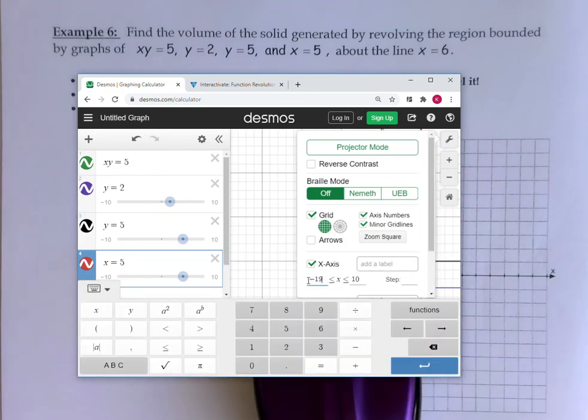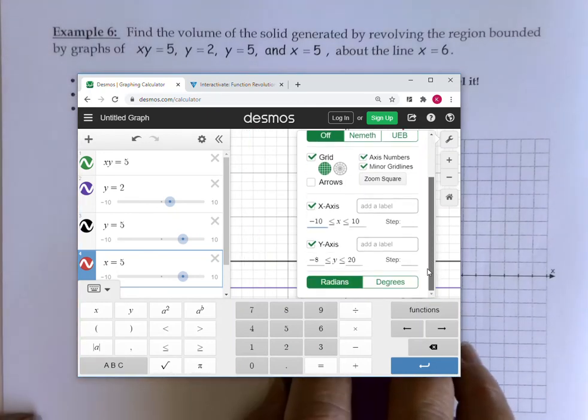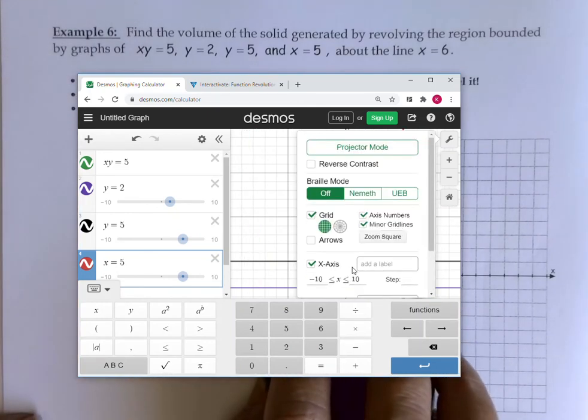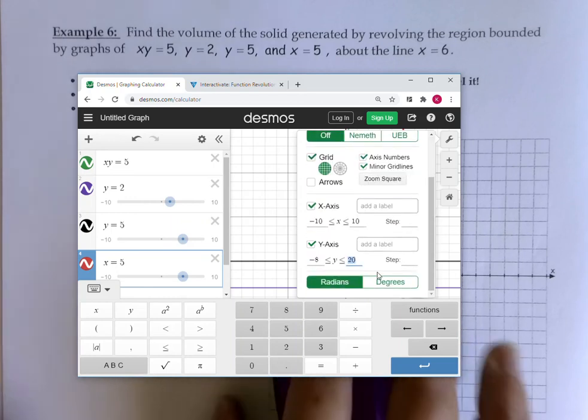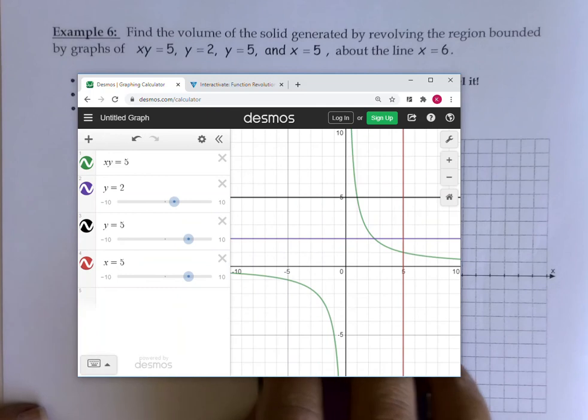I'm going to go negative 10 to 10, and that's probably a little bigger than we need on the y, so let's just do 10 there as well. Okay, there we go.